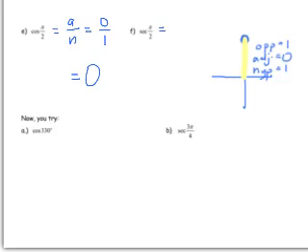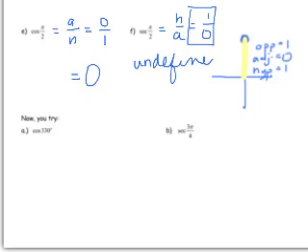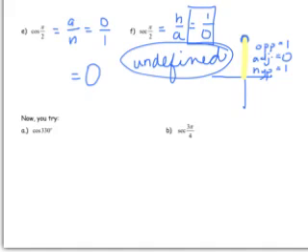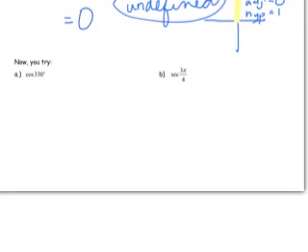Now your secant is therefore hypotenuse over adjacent, which is now 1 over 0. And hopefully from Algebra 2 or somewhere you remember when you divide by 0, that's undefined. Undefined is your answer. Okay? All right, and that's it for this video.